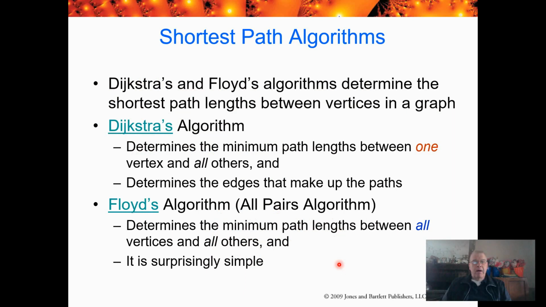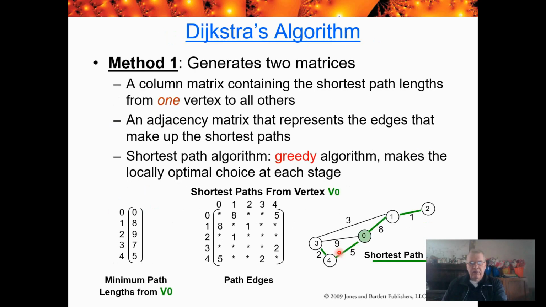We're going to mention Floyd's, but Floyd's doesn't return the edges that make up the paths. It just returns the minimum path length. So I don't find it very useful, but Dijkstra's is very useful. So here's method one.